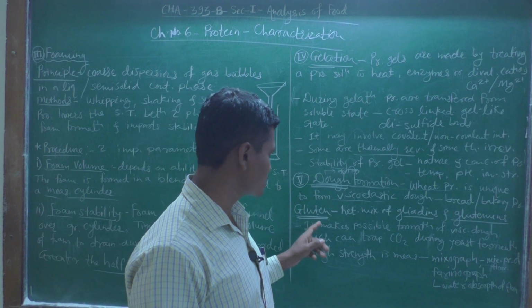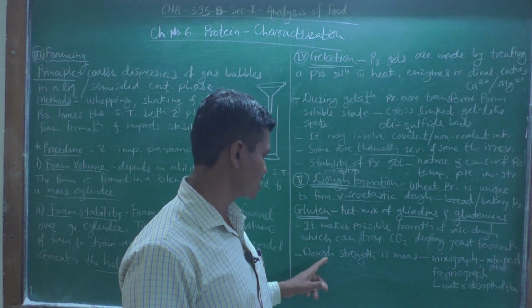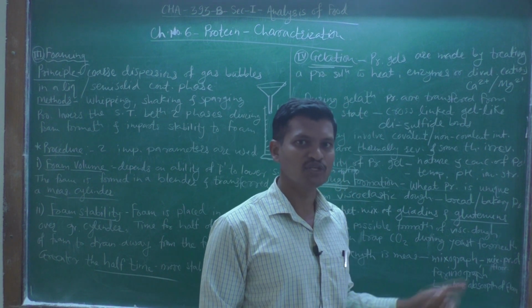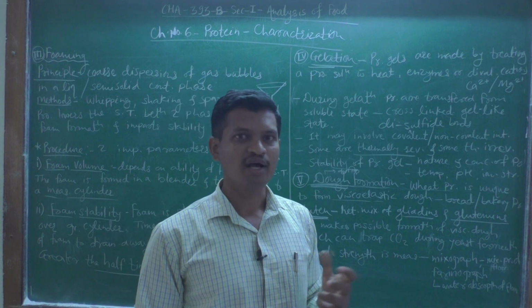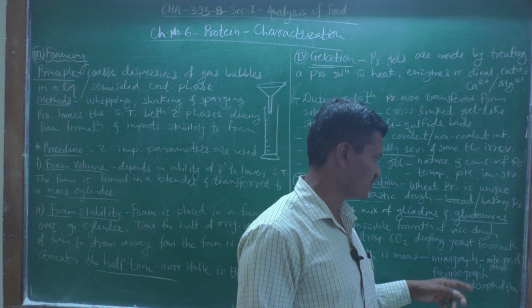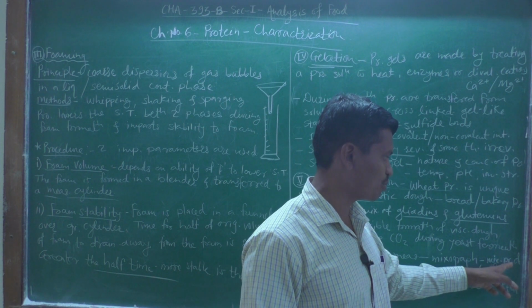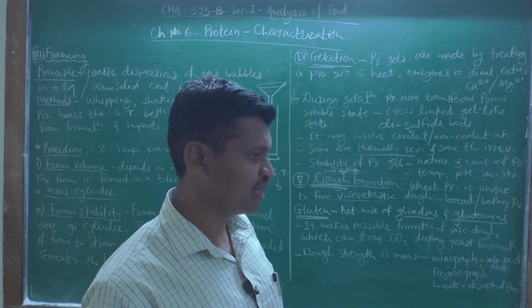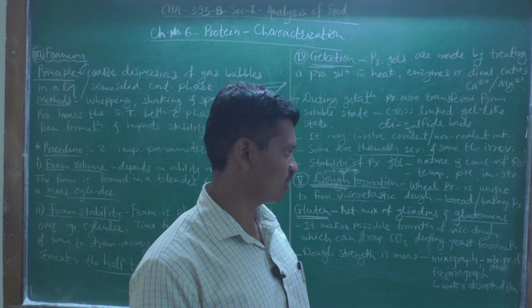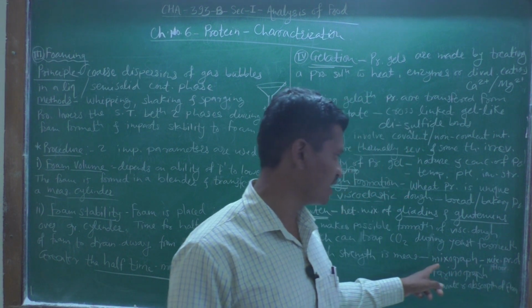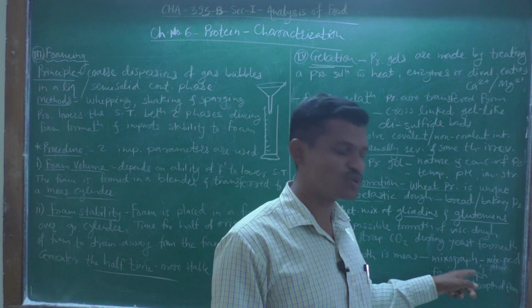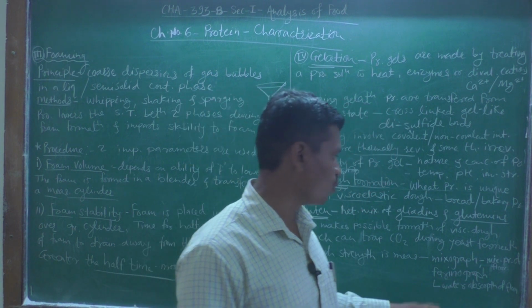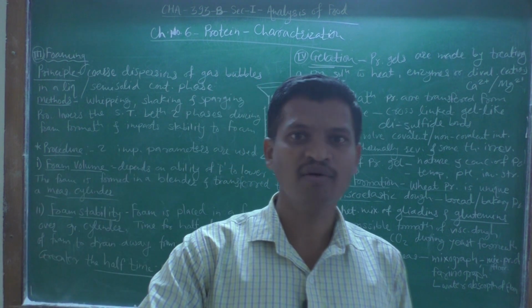Once this dough is formed, the dough strength is measured by either a mixograph or a farinograph. The mixograph is generally used to test the mixing properties of flour; the name itself indicates it. The farinograph is used to test the water absorption ability of the flour, when we add water to that wheat flour.